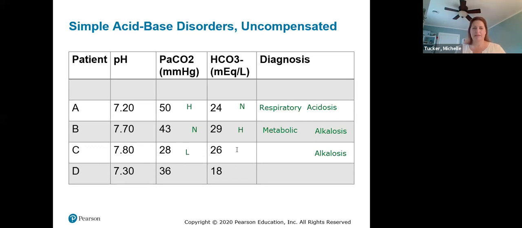And bicarbonate, high, normal, or low? So this is which one? Yep. Respiratory alkalosis. Then we go to our last one, is we have alkalosis or acidosis.